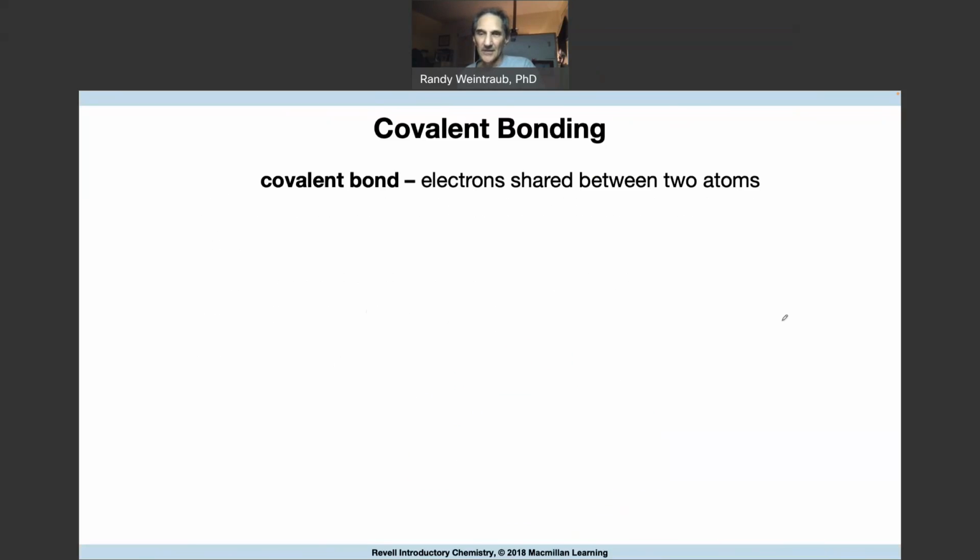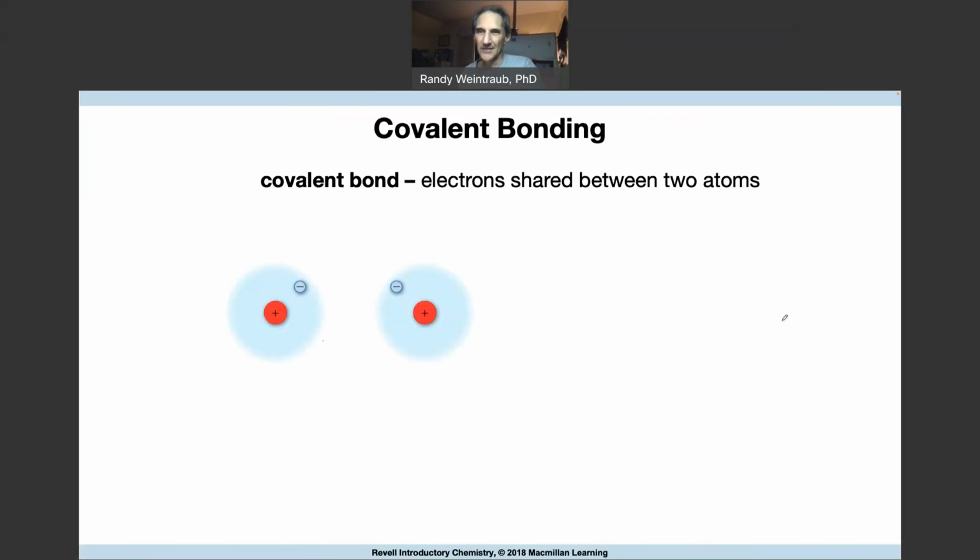When non-metal atoms combine, they do this with covalent bonding. In a covalent bond, 2 electrons are shared between 2 atoms. Electrons are not lost and gained, but they are shared.